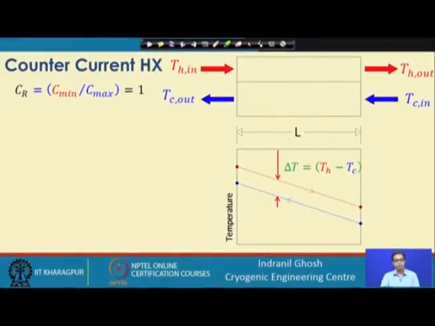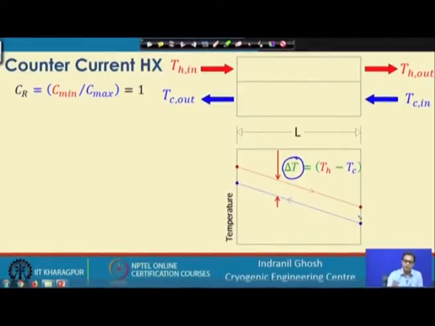When we assume that CR equals 1, it will have a temperature profile shown in the figure. What we will find is that the delta T, the temperature difference between the hot and cold fluid, will remain the same throughout the length of the heat exchanger.